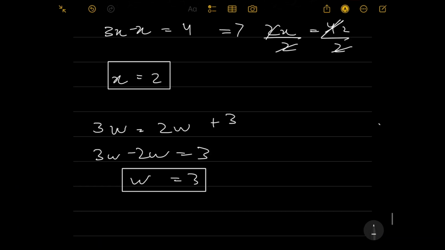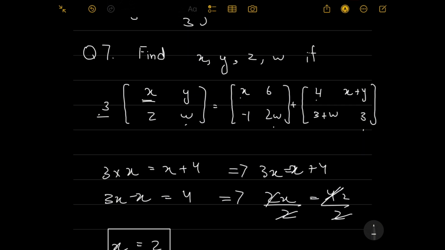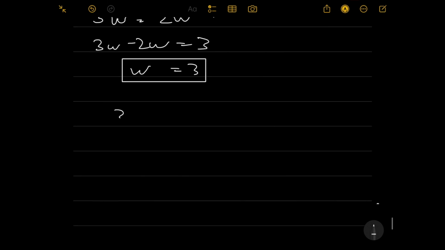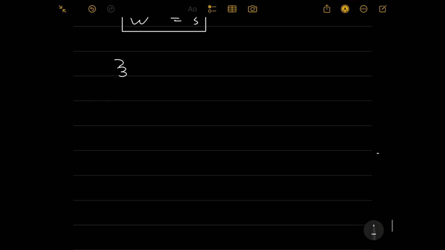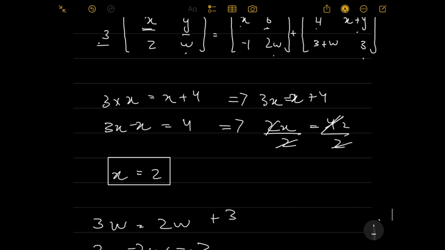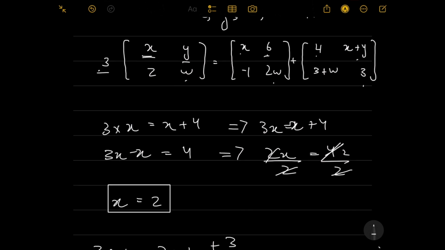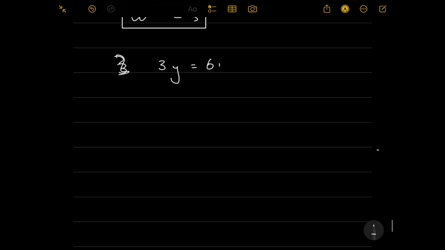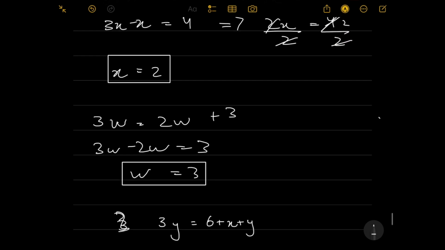Next is finding the value of y. So here y equals 6 plus x plus y. So 3y, because 3 is multiplying, 3y equals 6 plus x plus y.